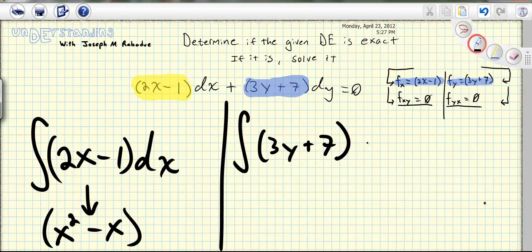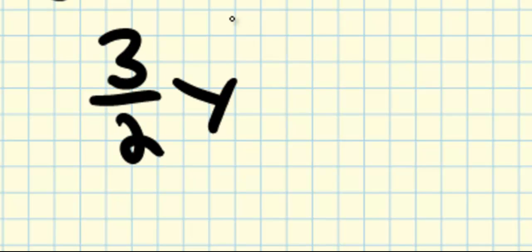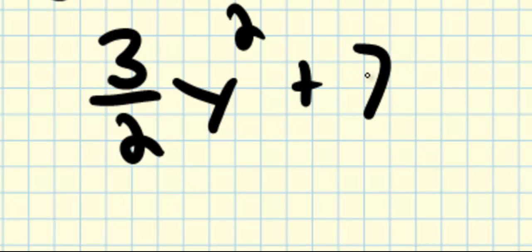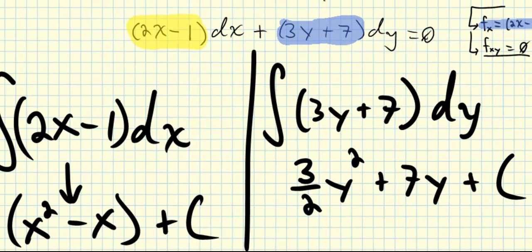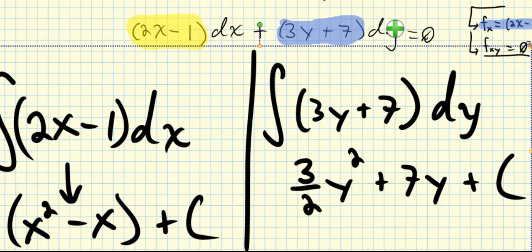Tack an integral sign on here, dy, and now the integral of 3y plus 7 is going to be 3/2 y squared plus 7y. Now both of these are going to have constants on there, but you really only need to keep one of the constants after you put all these terms together. So I'm going to shrink this down. We have our answers already.